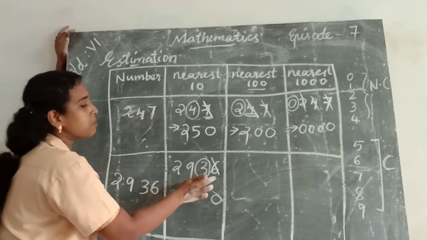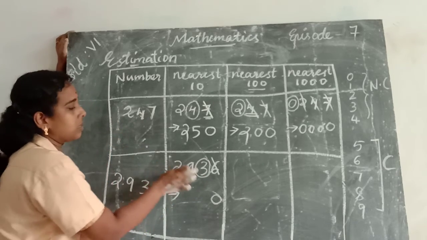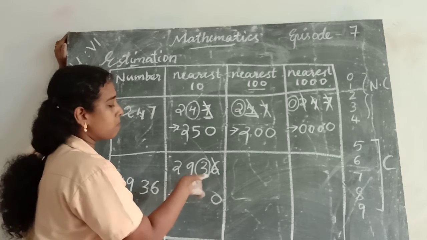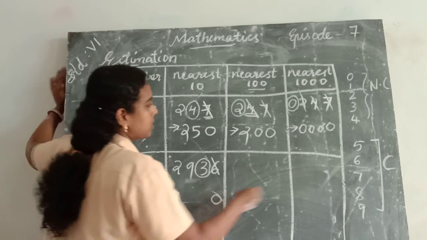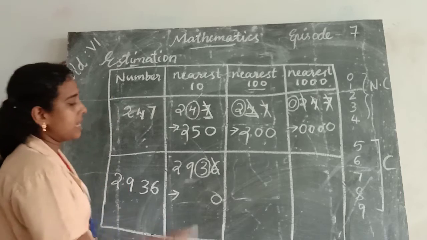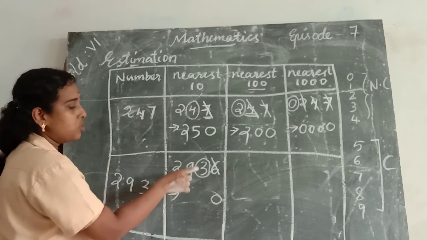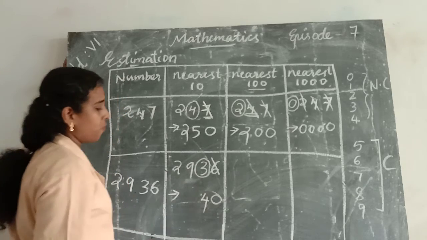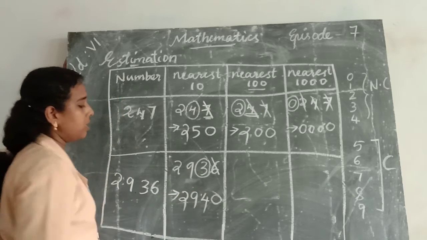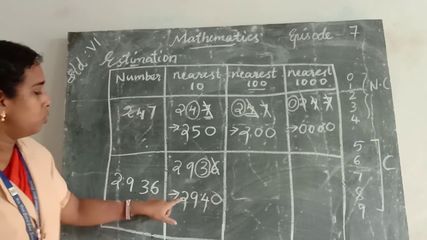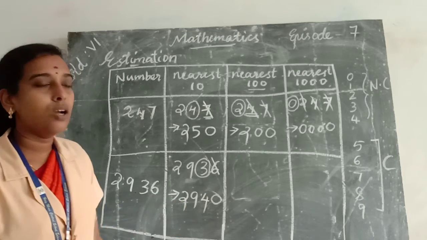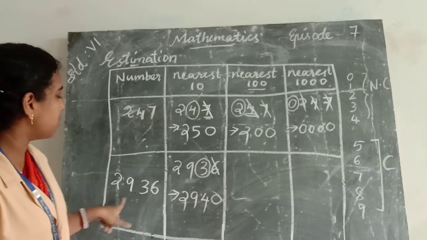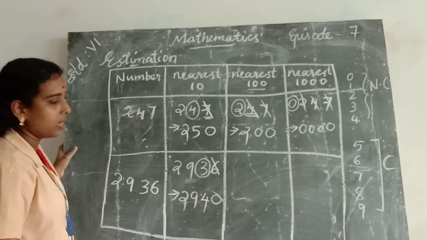If the digit is 6, there is a change. Change means we add 1 to the rounded digit. So 3 plus 1 is 4, and we write 9 and 2. So we get 2940. 2940 is the nearest ten of the number 2936.